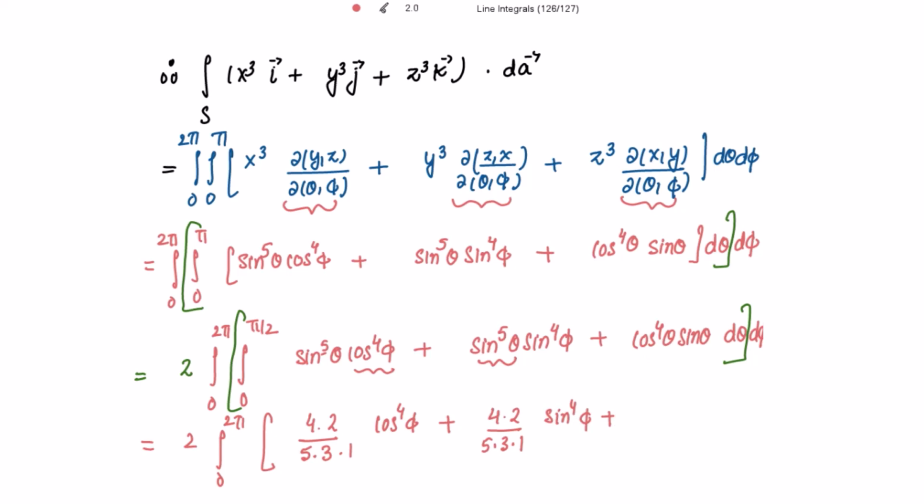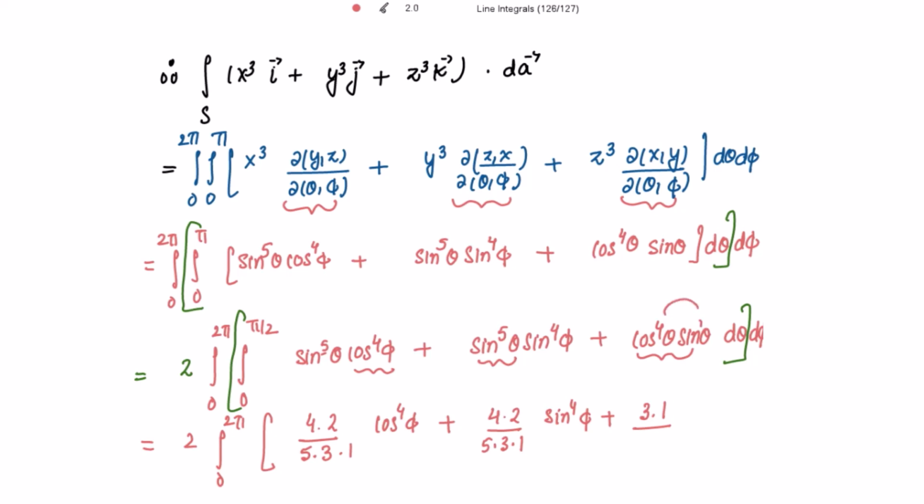Plus now using the reduction formula for this product, the power of cos theta is 4. So 4 minus 1 is 3, 4 minus 3 is 1. Let's stop here. And the power of sine is 1, so 1 minus 1 is 0, not required. Divided by, here I'm having the power 1.